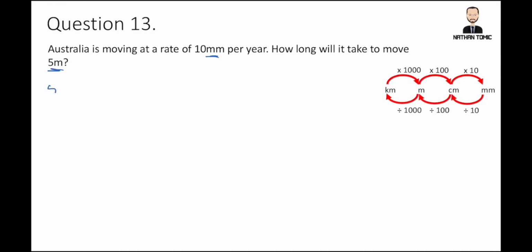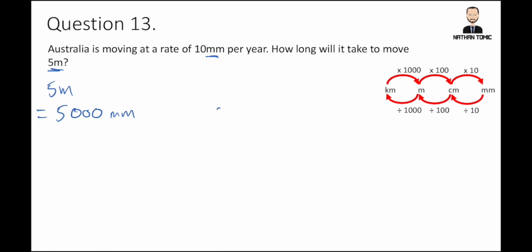So 5 metres is equal to 5000, because it's adding zeros on, 5000 millimetres. So now I have a situation like the previous question where I want to work out how many lots of 10 millimetres in 5000 millimetres.